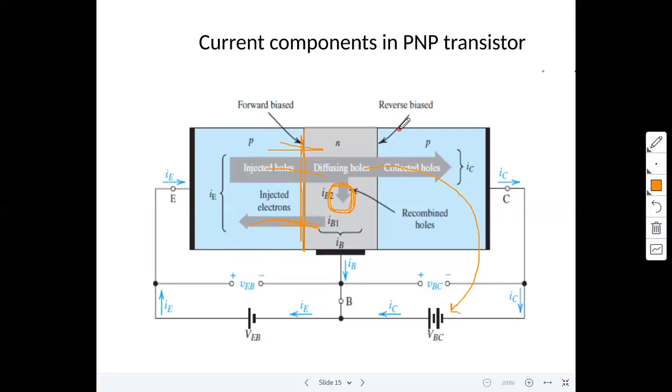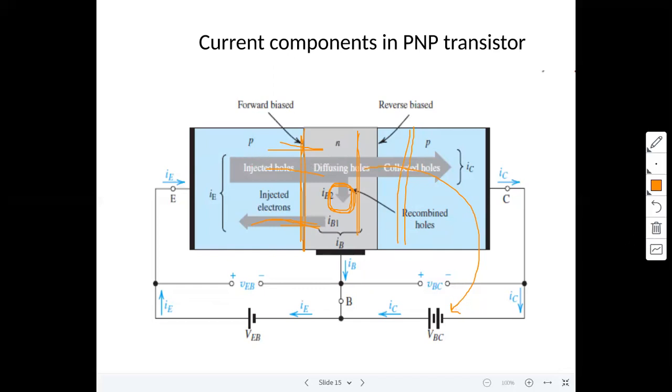How are these holes attracted? Due to a large electric field. Why? Because this is a reverse bias junction, and an electric field is created. Due to this large electric field, all these diffused holes are attracted towards the negative plate of the battery.